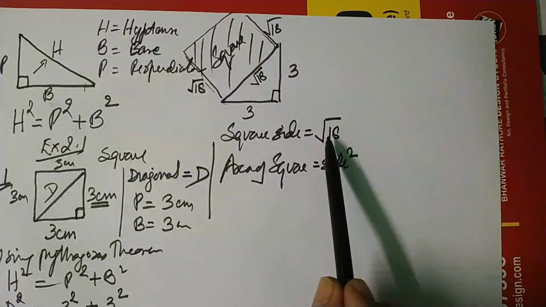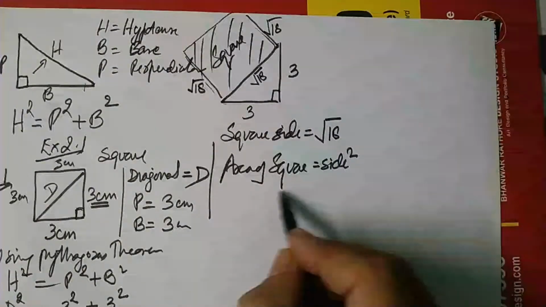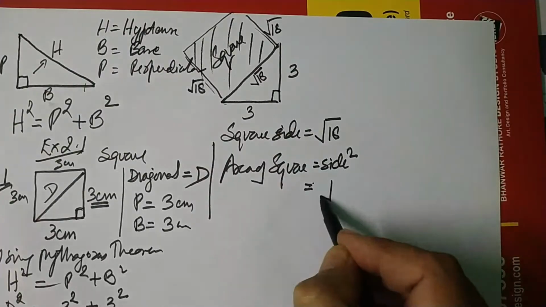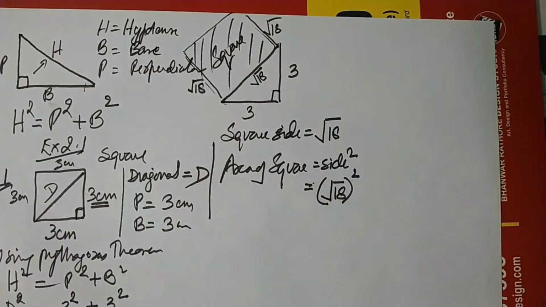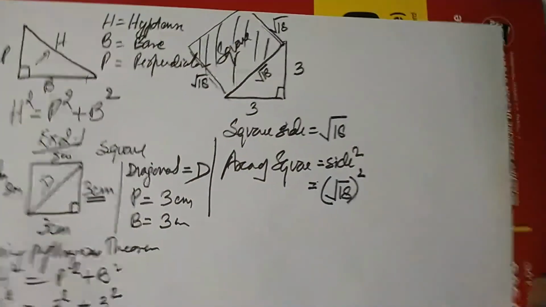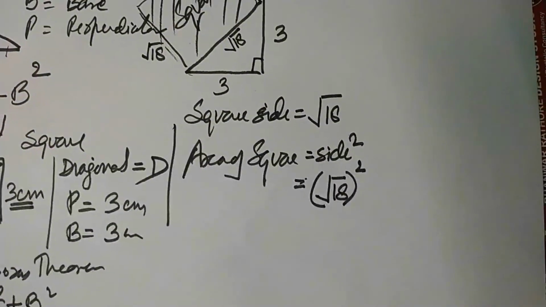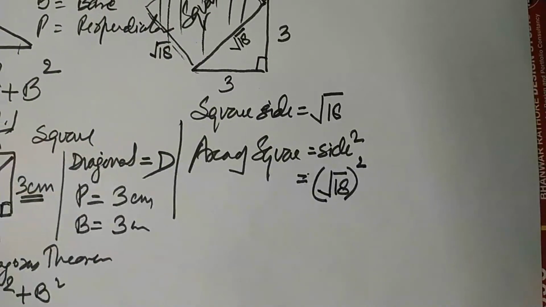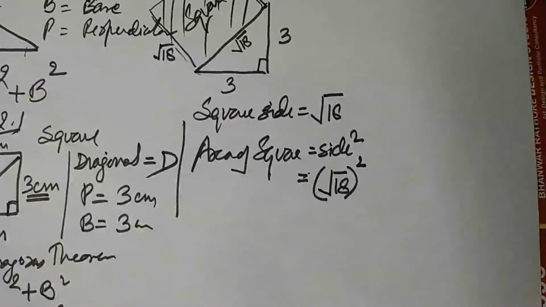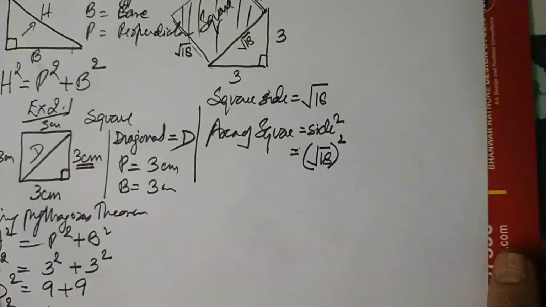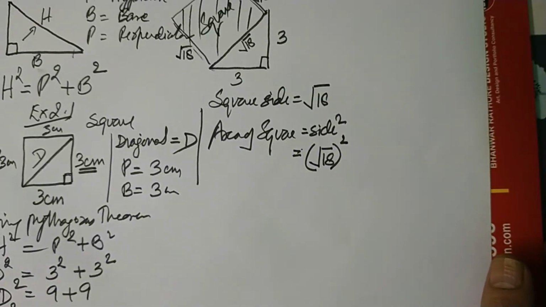The side we have got is under root 18. So what will be side square? Under root of 18 square. Got it? Area of the square is equal to side square, and the side is under root 18. Therefore under root 18 square will be how much? Type the answer. What is the area now?